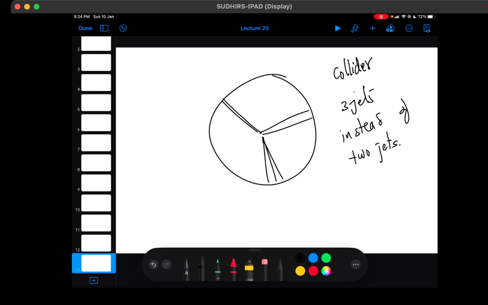So the gluon itself could have its own jets essentially. So this also led to the discovery of the gluons.